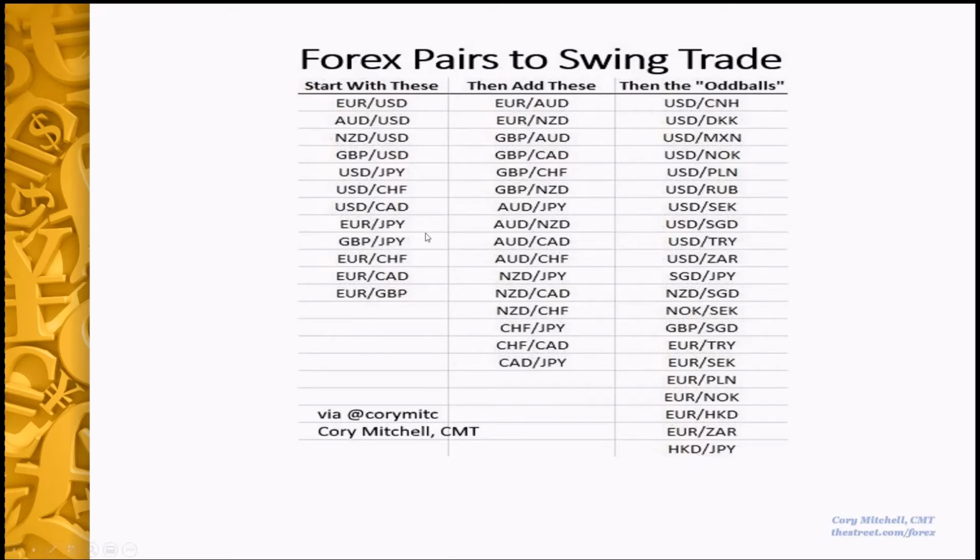But for swing trading, let's say you decide you can monitor multiple pairs. I would start with these, especially if you're a newer trader. You'll notice that each one of these pairs consists of major global currencies, ones that you've likely heard of. The British pound, the yen, the Swiss franc, the Canadian dollar, the Australian dollar, the New Zealand dollar, the US dollar.